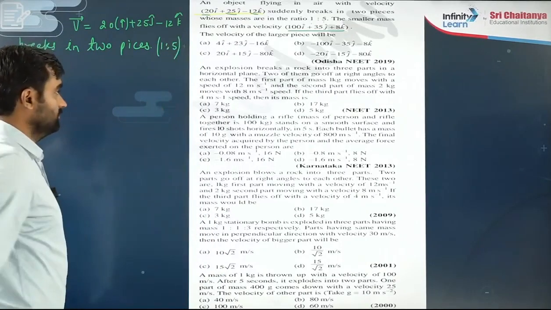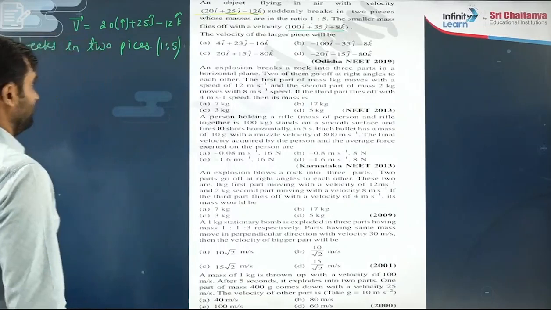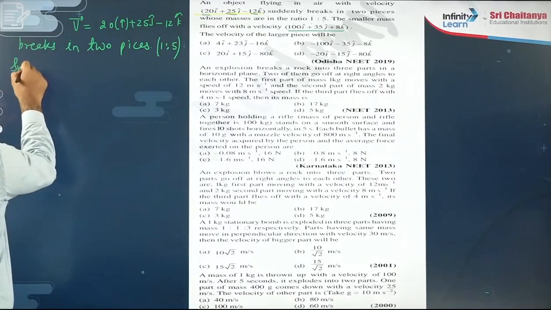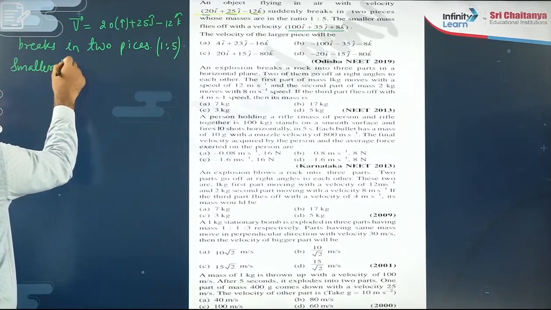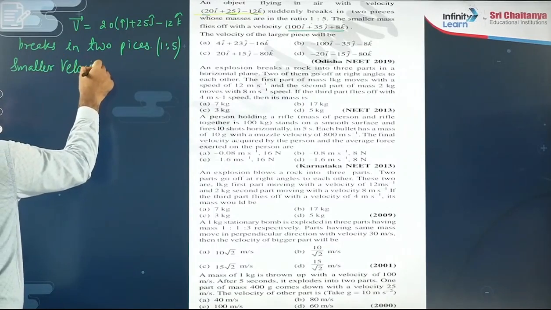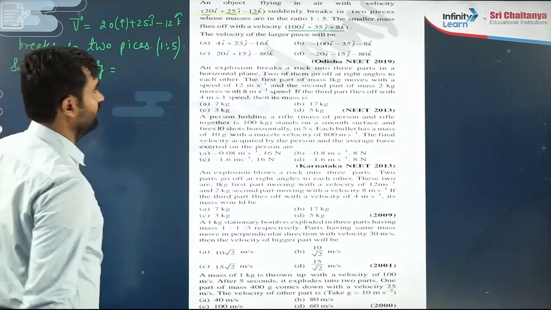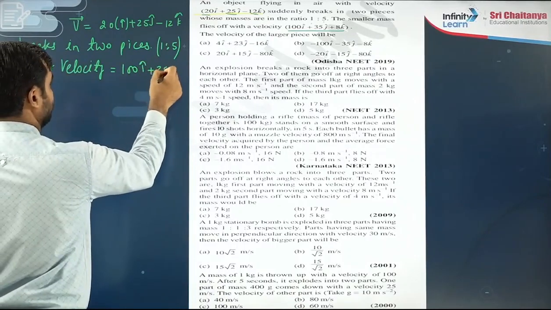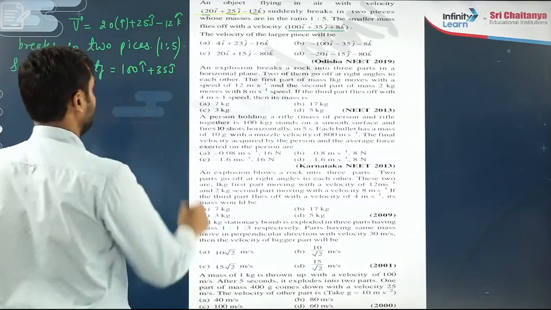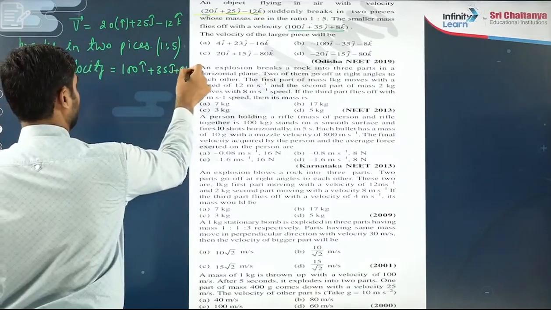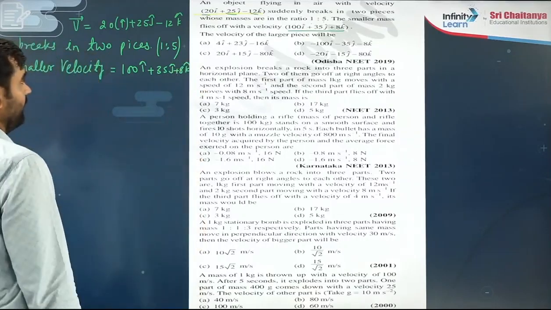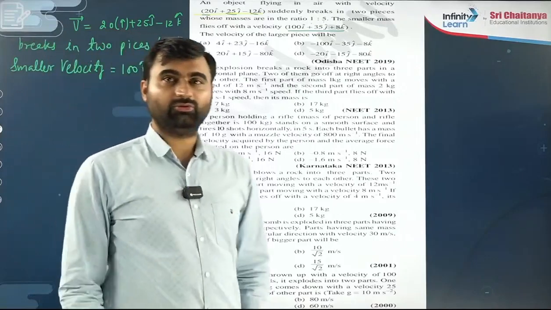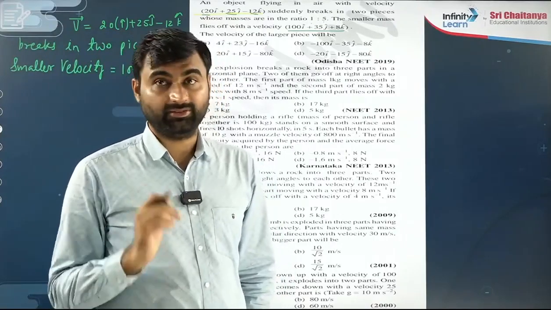Okay. The smaller mass flies off with velocity. So the smaller mass velocity is given, which means it is after collision. How much? 100 i cap plus 35 j cap plus 8 k cap. This is the smaller mass velocity. We have to find out the velocity of the larger piece.